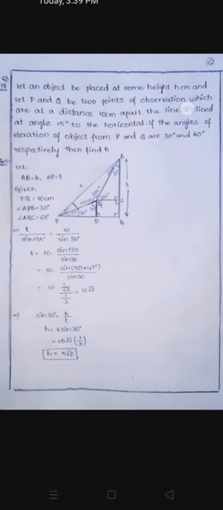The line is inclined at an angle 15 degrees to the horizontal. If the angles of elevation of the object from P and Q are 30 degrees and 60 degrees respectively, then find H. This is the problem.